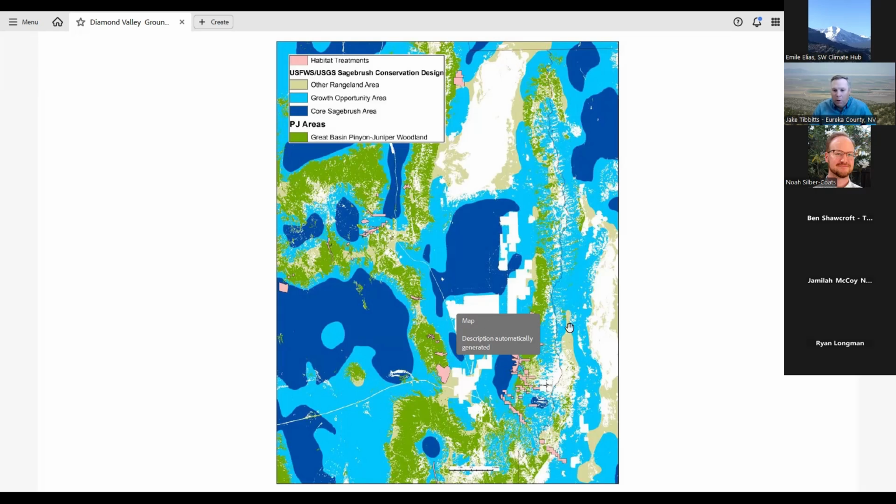And most of those polygons you see are on private land. There are quite a few now we're starting to pick up in partnership with the Bureau of Land Management, but many of those are on private land. And again, it's because of those local relationships, that trust building, and those landowners knowing that we're striving towards shared outcomes by doing a lot of these things.